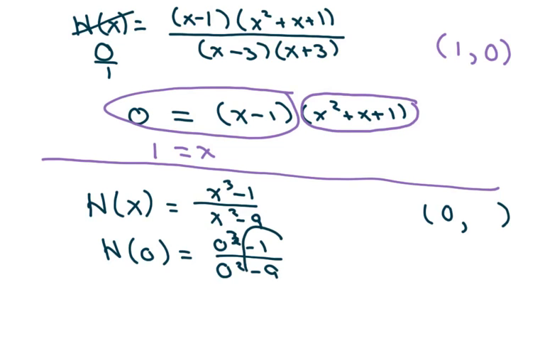We're just going to get negative 1 over negative 9, which is actually 1/9. So we have two intercepts, an x-intercept and a y-intercept. Okay, we already found the vertical asymptotes. And now we know that the degree in the numerator is higher than the degree in the denominator.